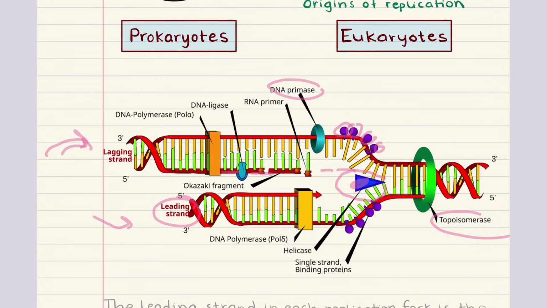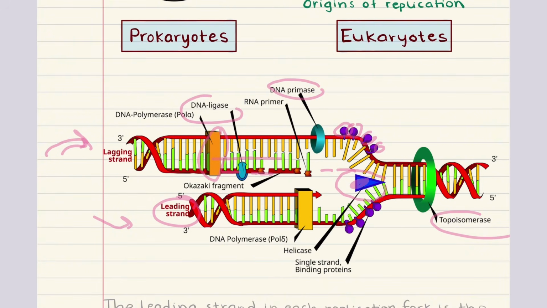Eventually, those RNA primers on the lagging strand have to be removed. After they are removed, DNA polymerase delta fills in the gaps with DNA nucleotides. The last step is to seal the nicks between the fragments. This is the job of DNA ligase. It's seen here as this orange block.